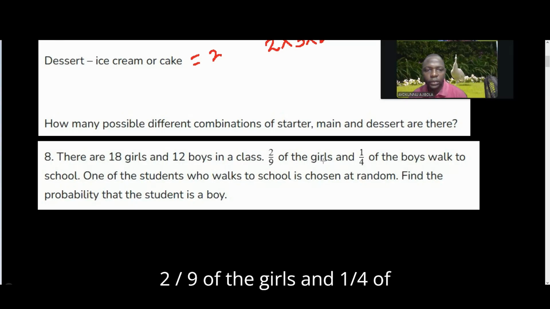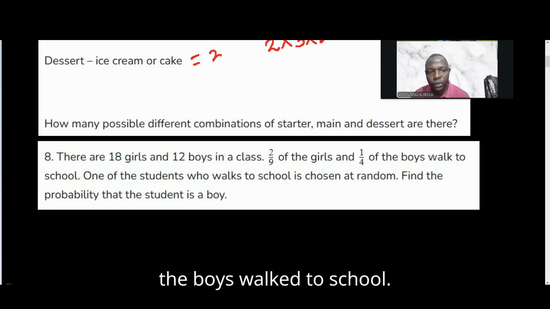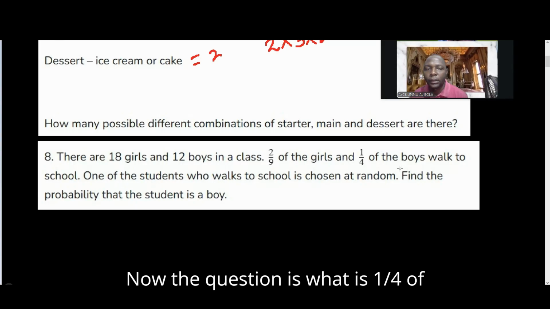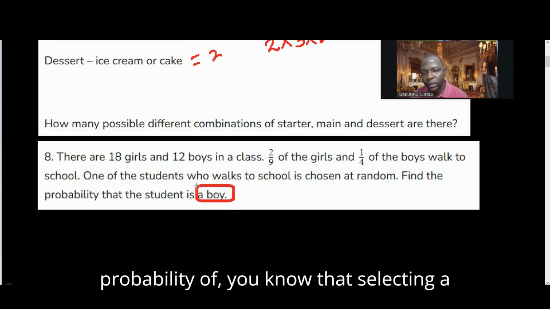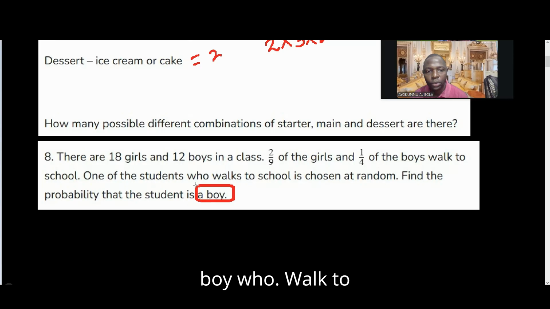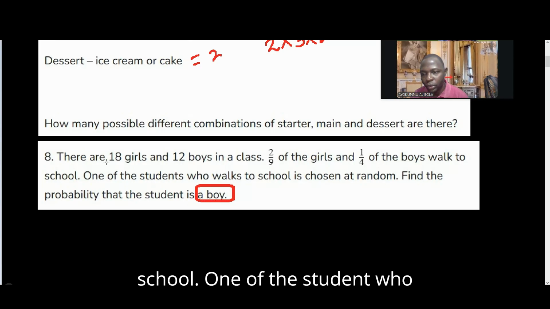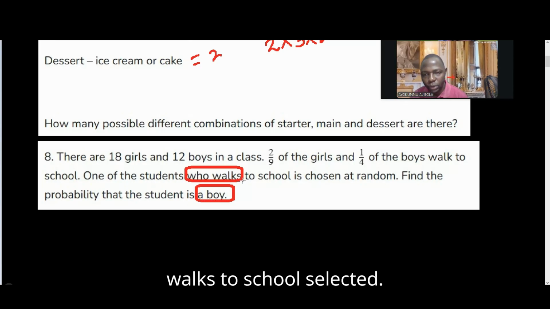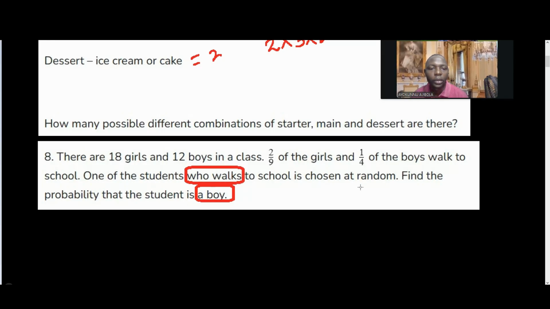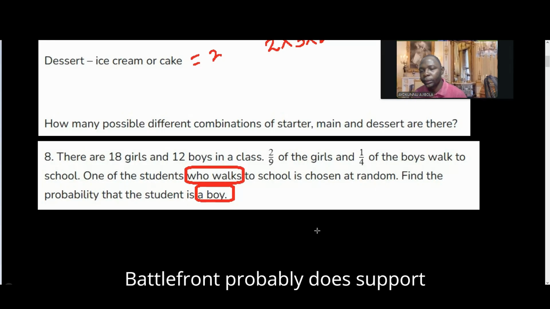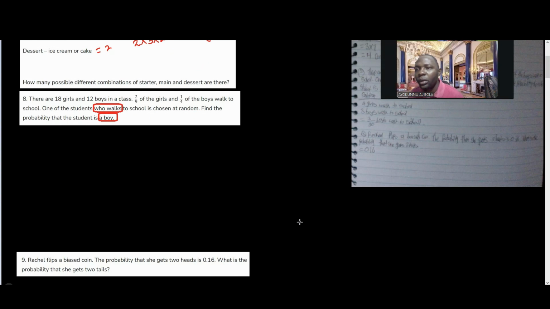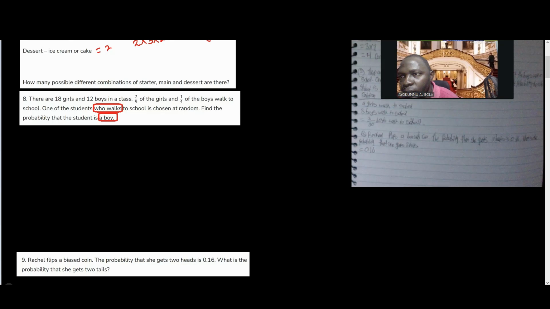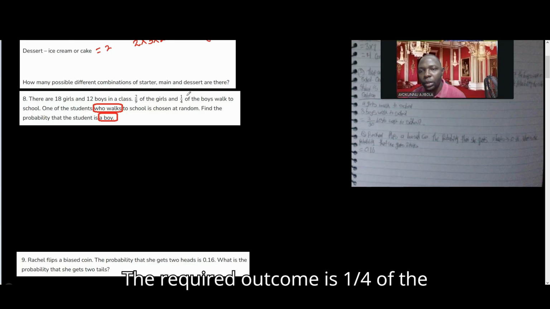So two over nine of the girls and one quarter of the boys walk to school. Now, the question is, what is one quarter of the boys? Because we are looking for the probability of selecting a boy who walks to school. One of the students who walks to school was selected and we find the probability that it's a boy. So the required outcome is one quarter of the boys.